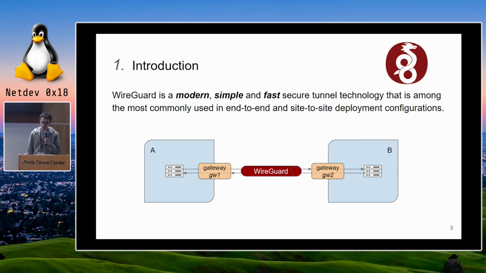And it also generally compares very favorably with alternatives such as OpenVPN and IPsec in terms of performance out of the box. For the remainder of this talk, I'm going to assume a network topology similar to the one depicted.